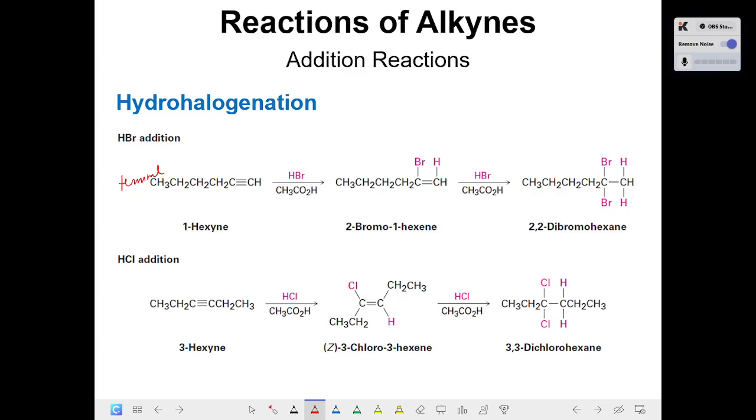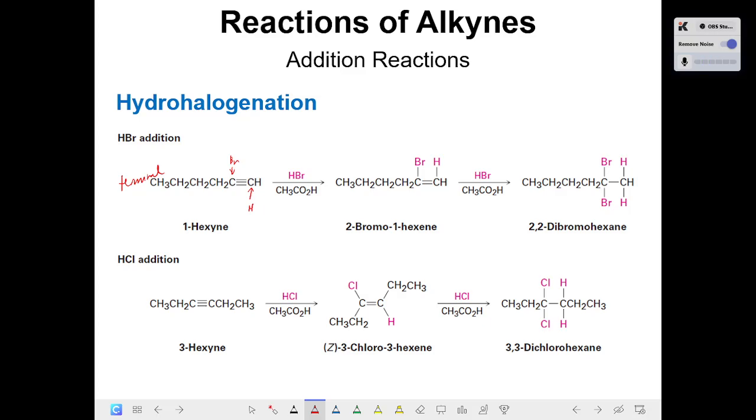Itong carbon na to, naka-attach siya sa isa. So dito, mag-a-attach yung ating H and dito naman a-attach yung ating Br. Kaya ito yung ma-observe natin. And the name is 2-bromo-1-hexene.